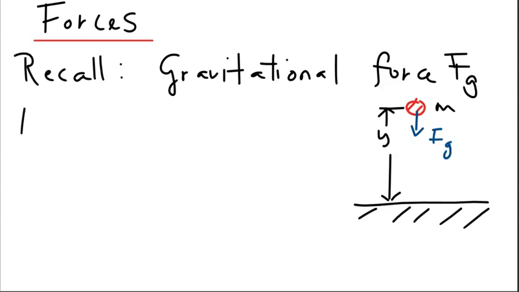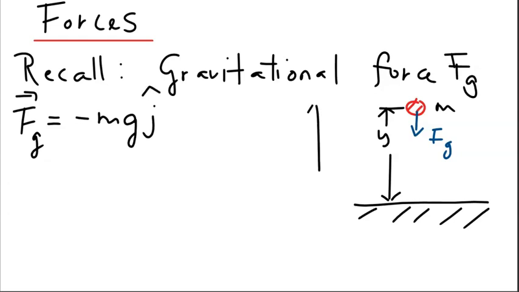And this expression Fg is given, in vector form, as minus m times gravitational acceleration times j hat, because it's heading downward. And if you take the y-axis to be upward, then the weight is in the direction of minus j hat.